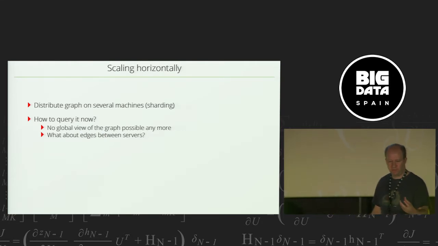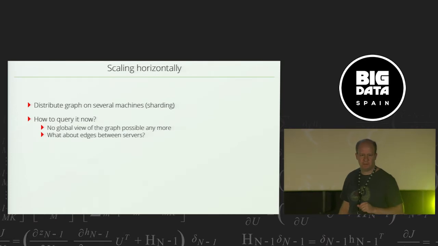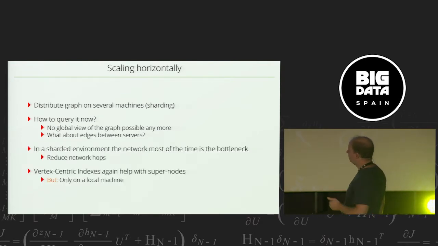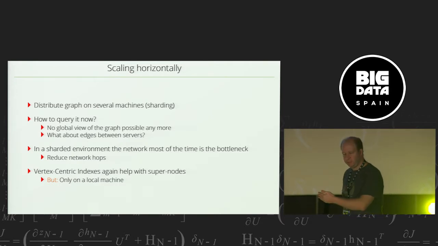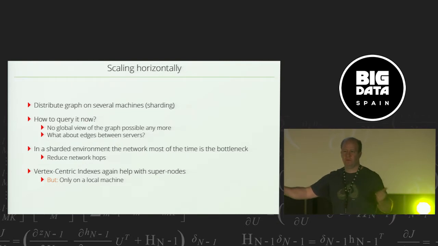Imagine a random access to memory is at least 10,000 times faster than a network hop to another machine, just to ask what is the neighbor. And if we don't want to lose this factor of 10,000 or 100,000, we have to be really careful. So therefore, you have to reduce network hops. Vertex-centric indexes, the idea I mentioned just now, do help a bit, but essentially just on a single machine. Yeah, because usually it's very difficult to have a global index across sharded data.